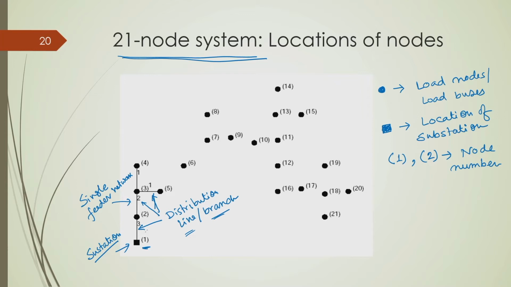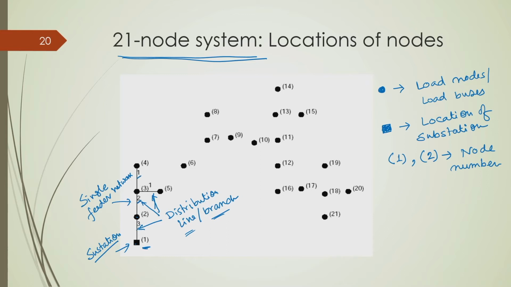So, we have one line between node number 1 and node number 2, another line between node number 2 and node number 3, and similarly two other lines, one between node number 3 and 4 and one between node number 3 and 5.